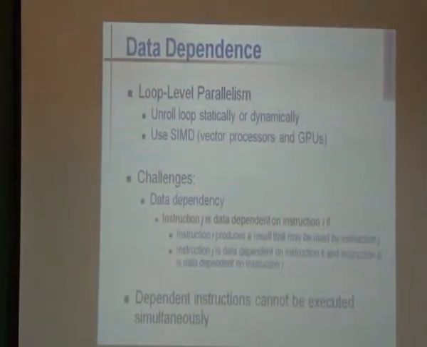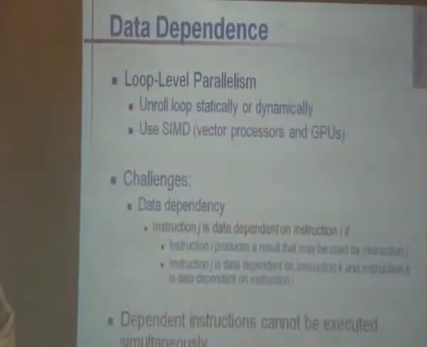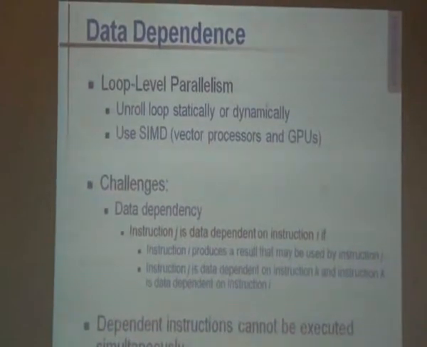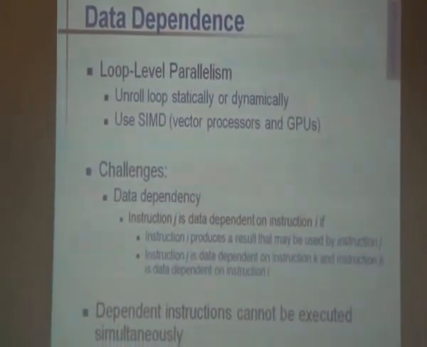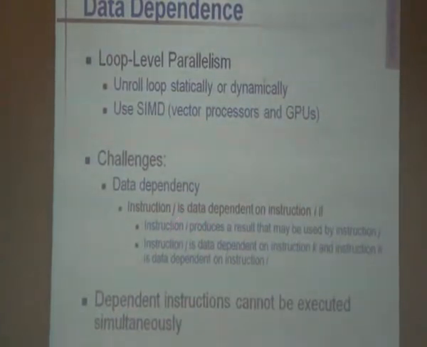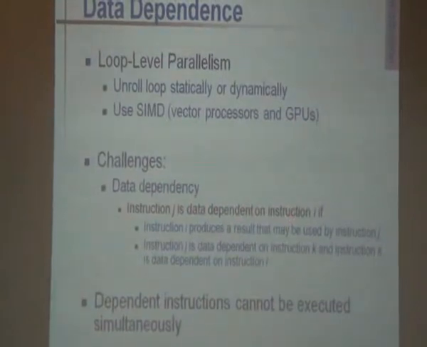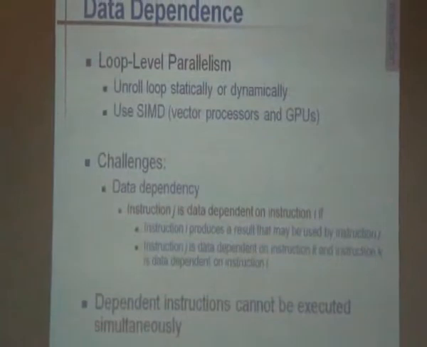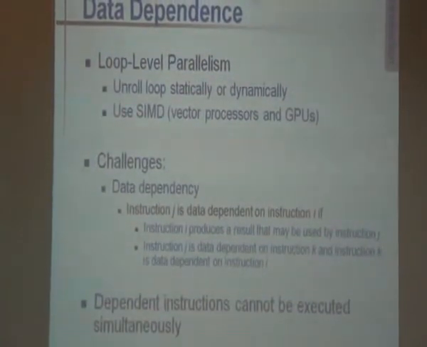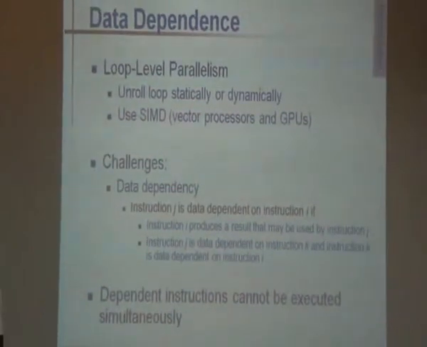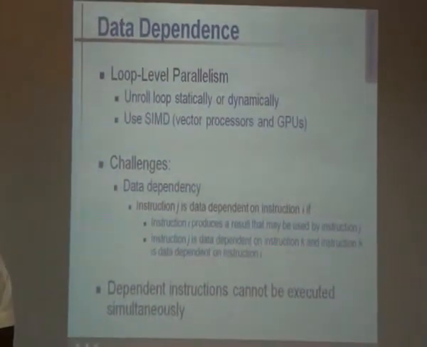What are the challenges involved in the data dependence problem? The first one is this: instruction J is said to be data dependent on instruction I if I produces a result that is used by instruction J. Let us consider two instructions, I and J, in a normal sequence of a program.